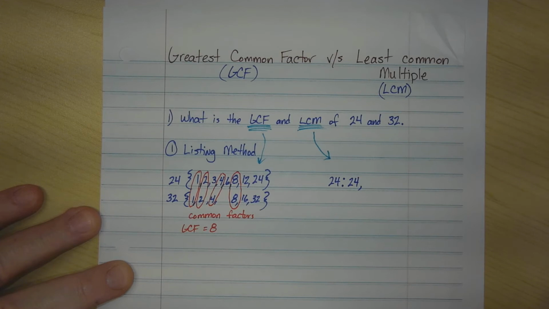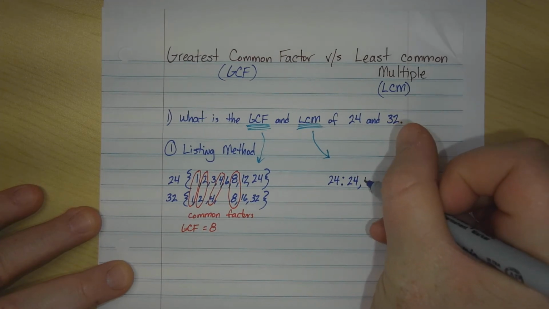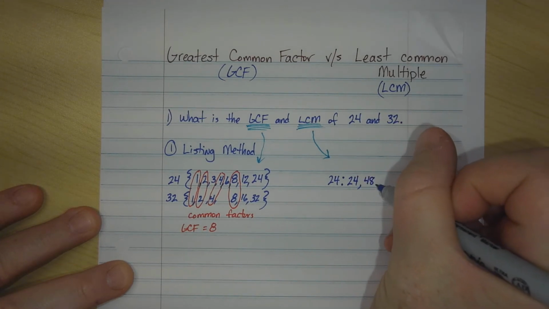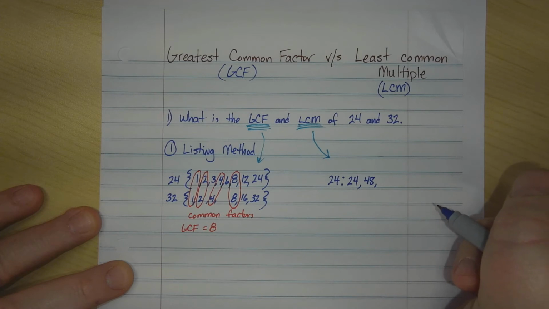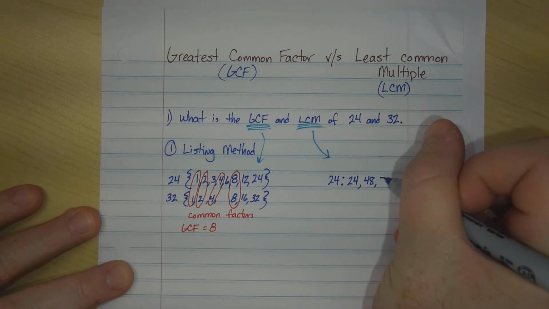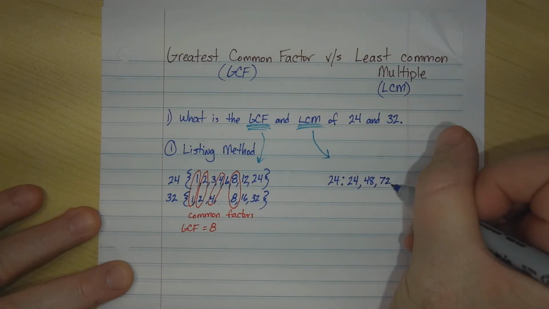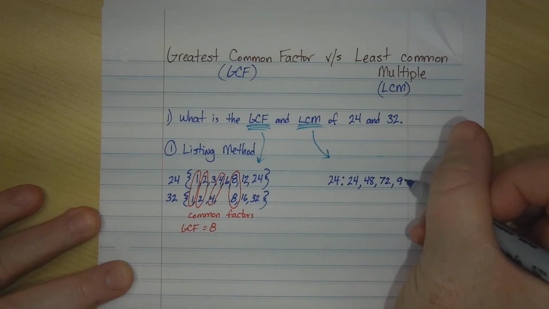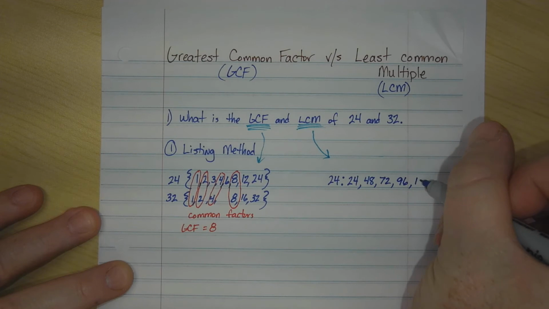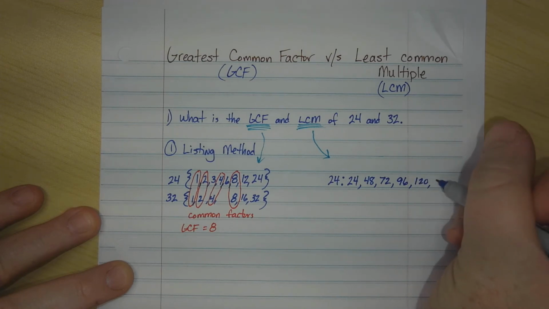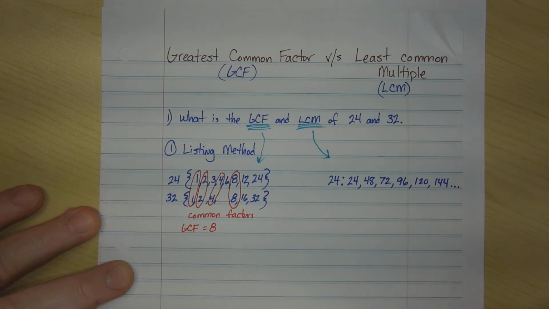Well, 24 times 2 is 48. And then you just keep going. 24 times 3 is 72. Or you keep adding it. 96, 120, 144, and so on.